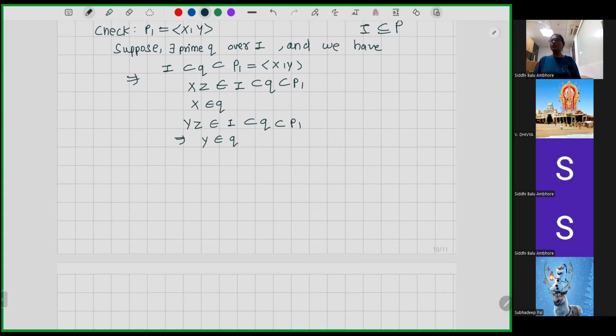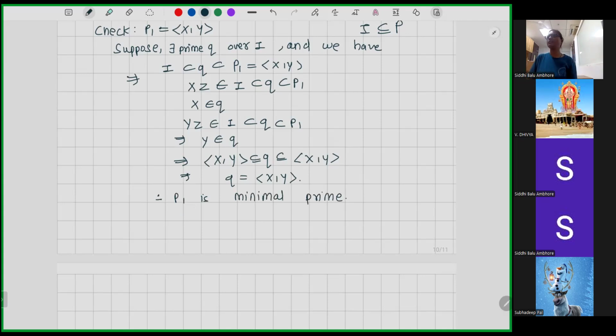So these imply that (x, y) is contained in Q, which is contained in (x, y). Okay, so this Q is in fact (x, y). So therefore P1 is a minimal prime.